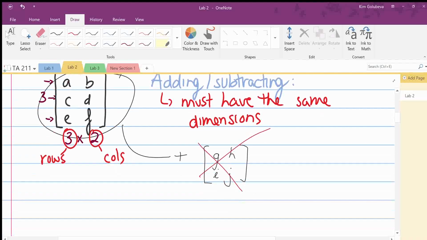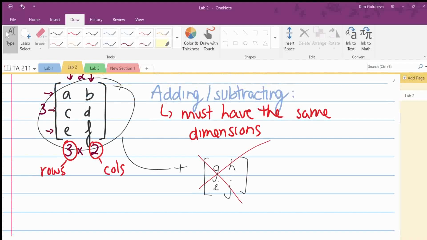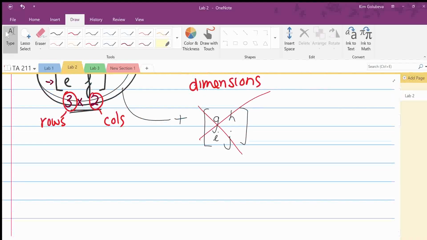When you add matrices together, they both have to have the same dimensions. So the only other matrix that you could add to our matrix right here is one that's also 3 by 2.